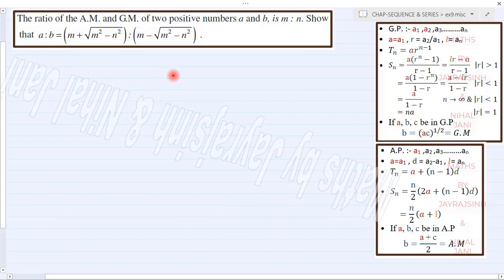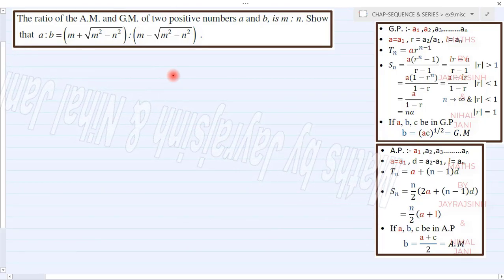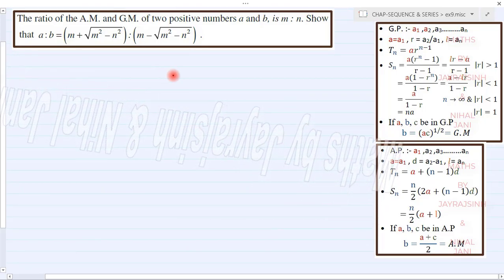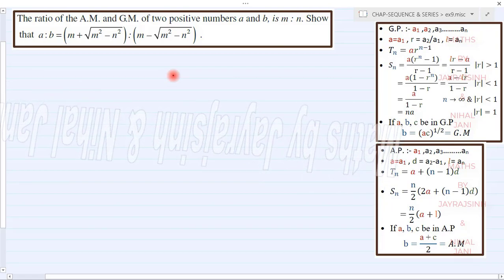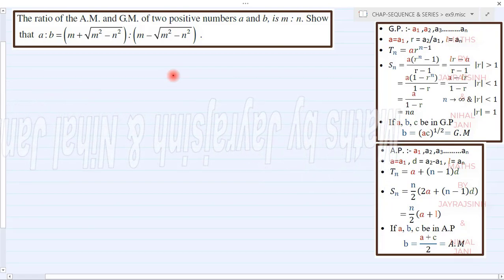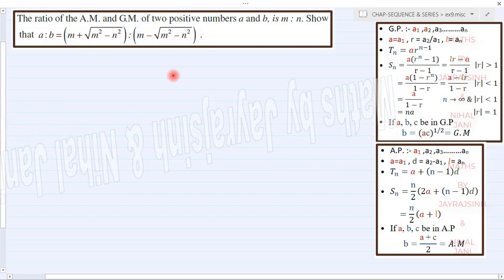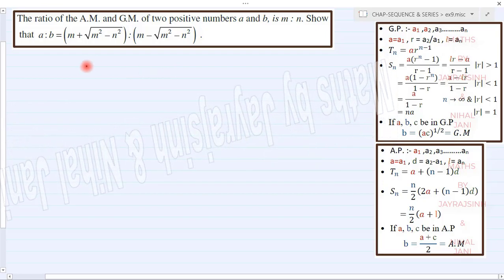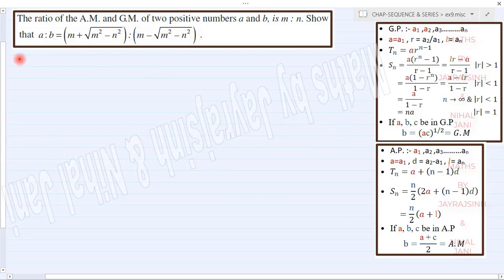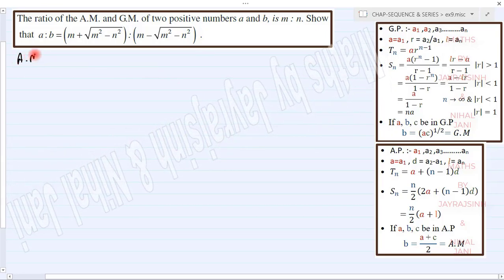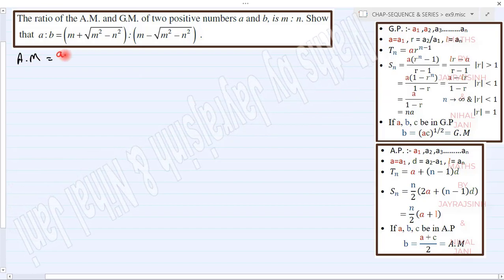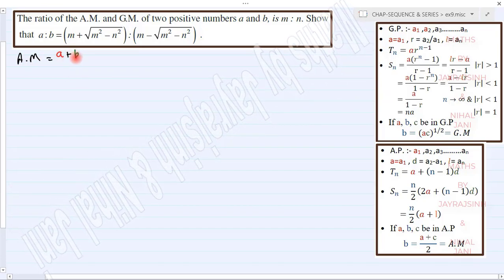Here we have one interesting question. It is given that the ratio of arithmetic mean and geometric mean of two positive numbers a and b is m is to n, and we have to prove that a is to b equals the given expression. First of all, let's find the arithmetic mean of a and b, which is (a plus b) by 2.